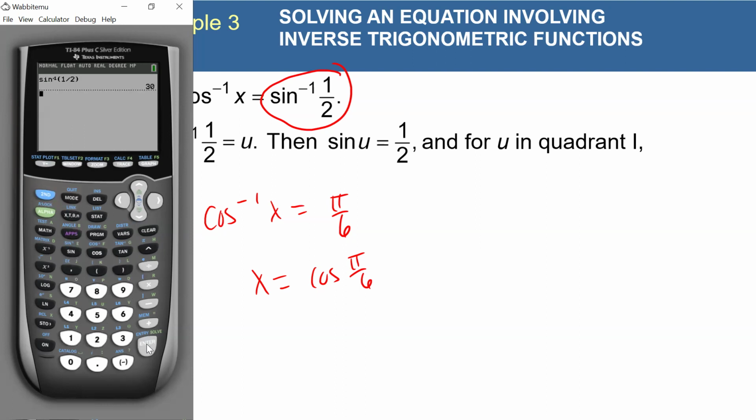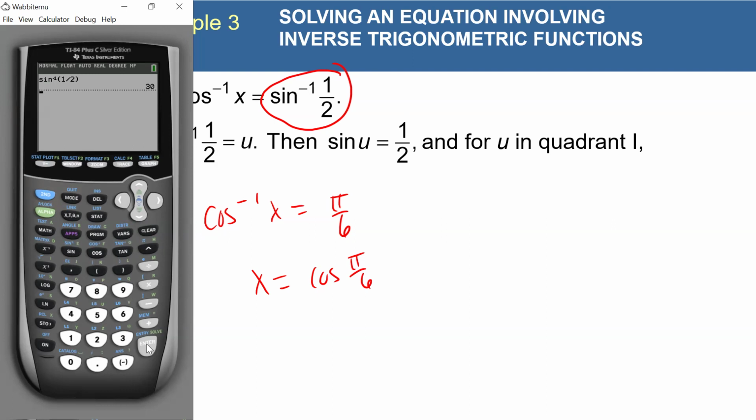And I get what? 30. I get pi over 6, which is 30 degrees, right? So it's telling me that sine inverse of 1/2 is pi over 6. So we can just plug in if we get confused, if it's on the calculator side of the test, or in assignments. Okay, so that's why that is pi over 6, yes?